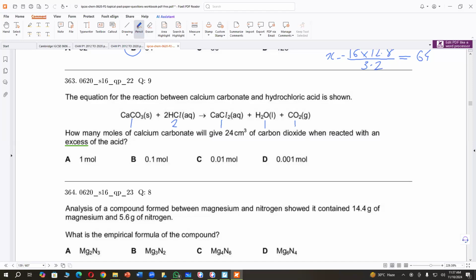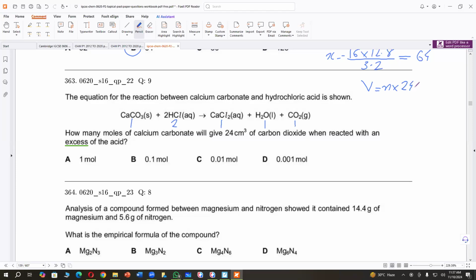Now, did you try this question? For 0.024 dm cube, but how do you find the number of moles? No, actually some issue is coming with the voice today. Maybe I'm using some different device.